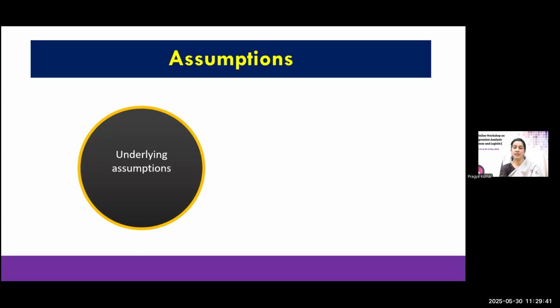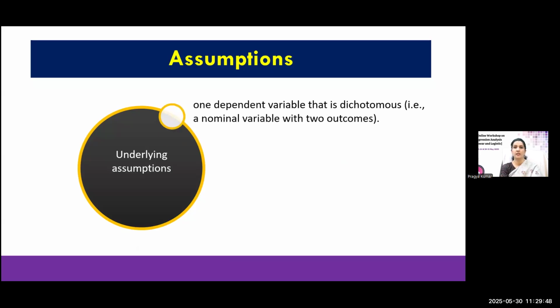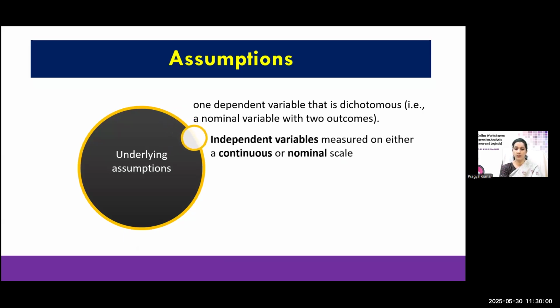So the underlying assumptions are the same as in linear regression, with a few very subtle differences. Here the dependent variable is dichotomous, that is, a nominal variable with two outcomes. The independent variable is measured either on a continuous scale or on a nominal scale.